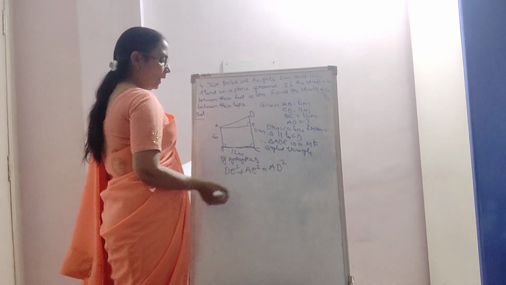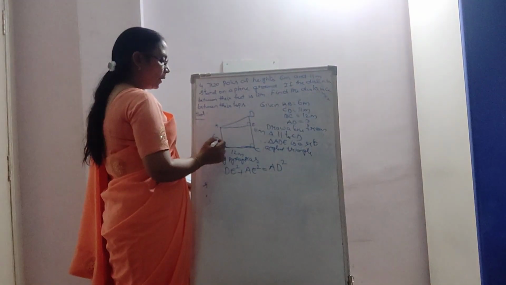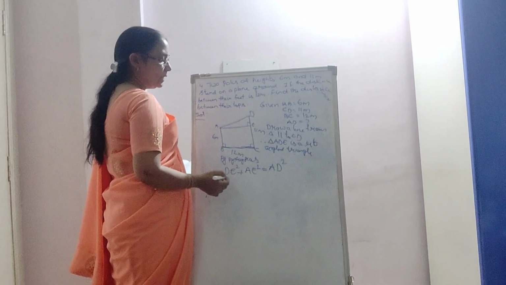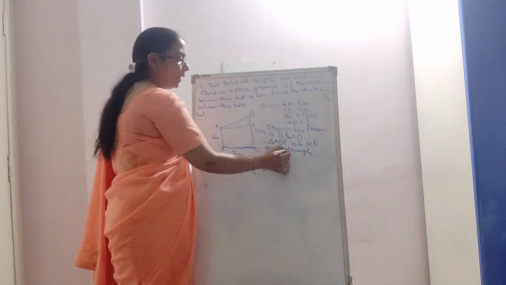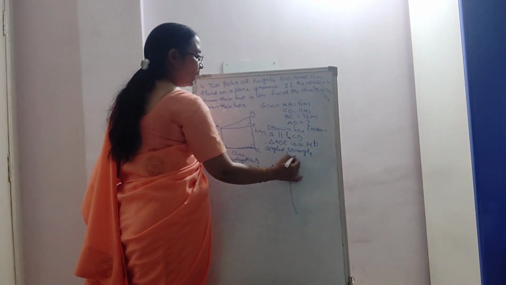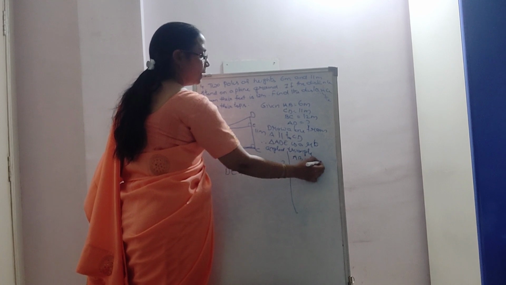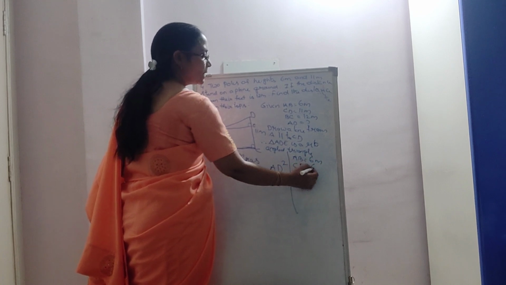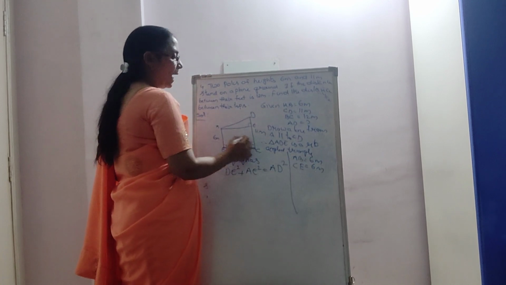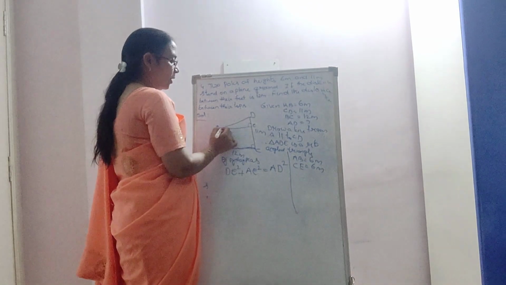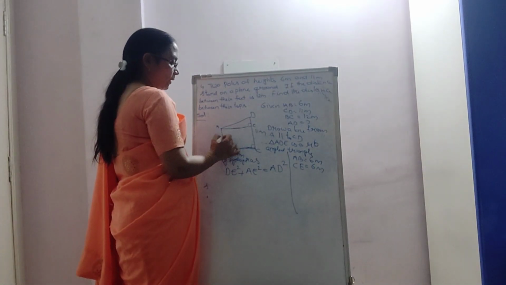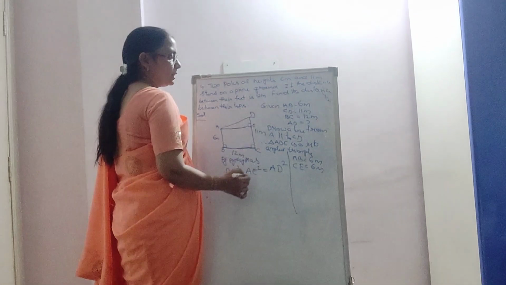We have to find out AD. Now what is DE? Now here see, AB is 6 meters, then CE will also be 6 meters, being parallel, both of them being the equal height, because we are drawing from the top to it. So this is 6 meters, means this also 6 meters.